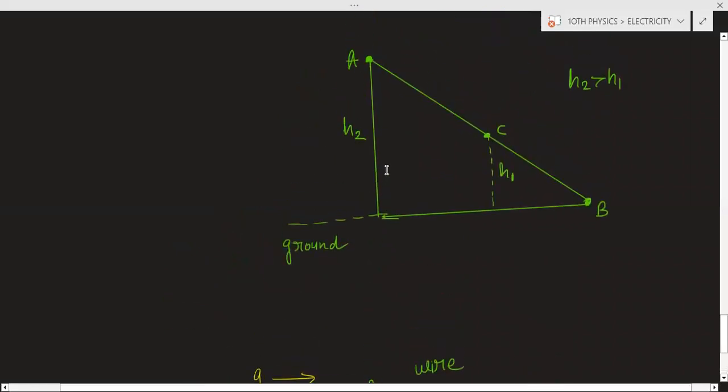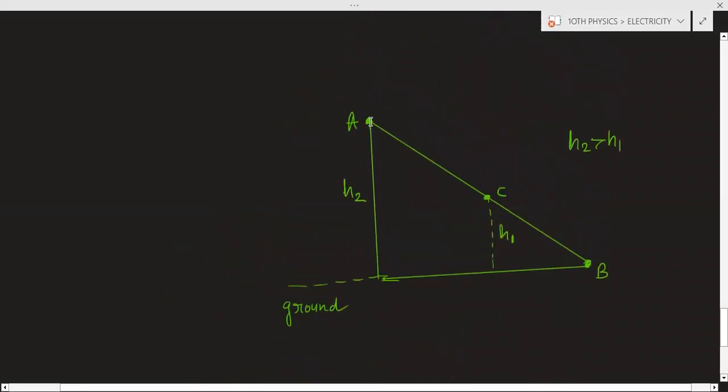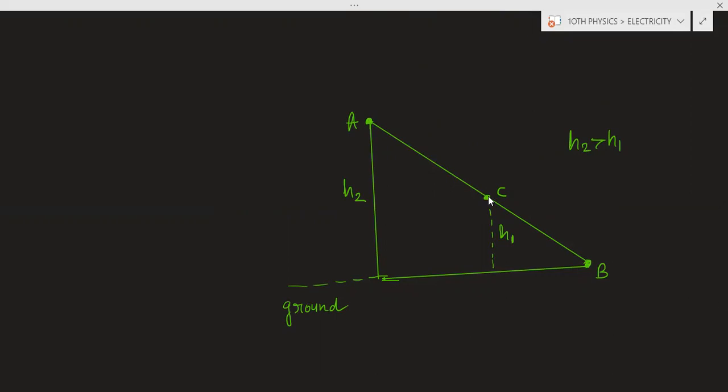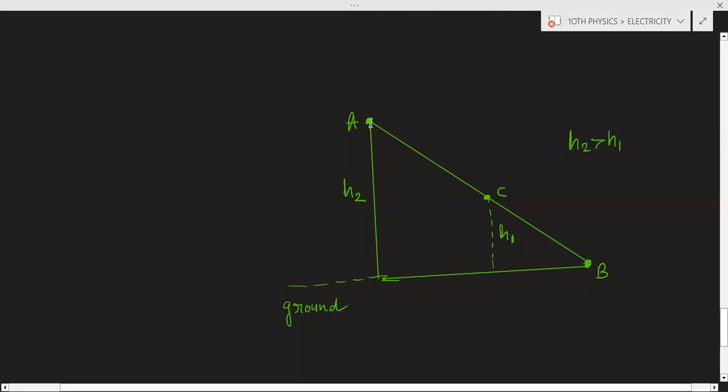The reason is simple: if the water is at point A and if the water is at point C, at point A there is the maximum instability, and at point C there is little instability. So the potential energy at A is greater and the potential energy at C is lesser.